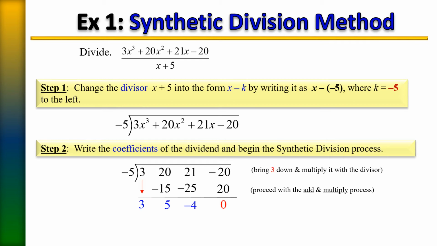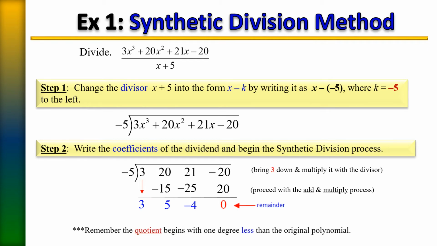Keep in mind that the synthetic division will only give you the coefficients. You have to go in and put in your variables. So here's how you do that. You look at the original polynomial. The original polynomial of all the degrees, the highest degree is a 3. So you're always going to write your answer as 1 degree less than the original polynomial.